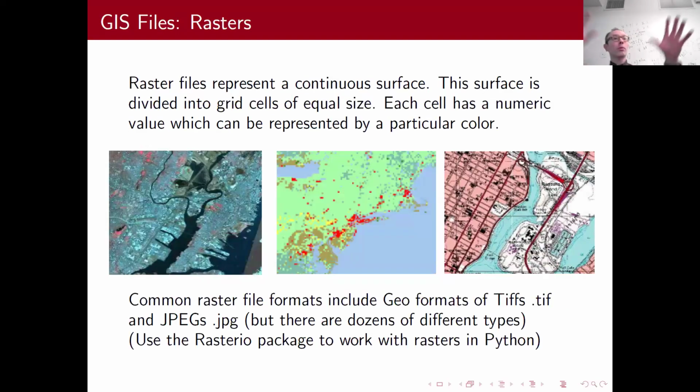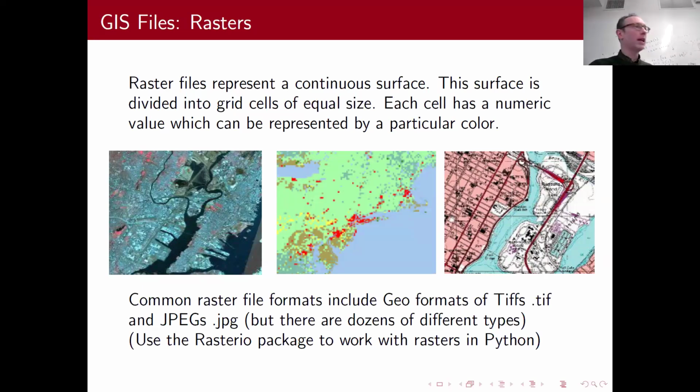We're going to work primarily with vector-based data in the geodata frames today, but just for the sake of completeness, I should also mention that within GIS, there's another way of representing geospatial data digitally, and that's the raster format. In a raster, you have a continuous surface that's divided up into grid cells of equal size, and each cell has a numeric value associated with it that tells you something about that cell.